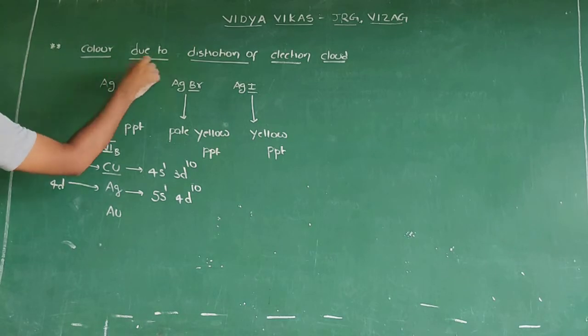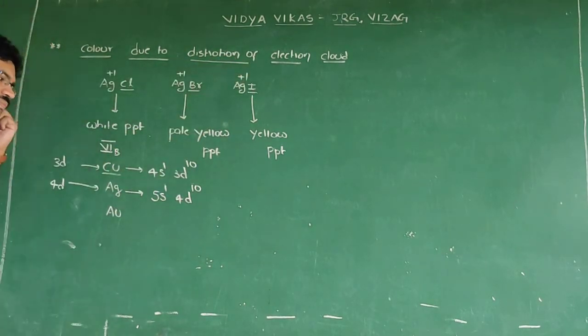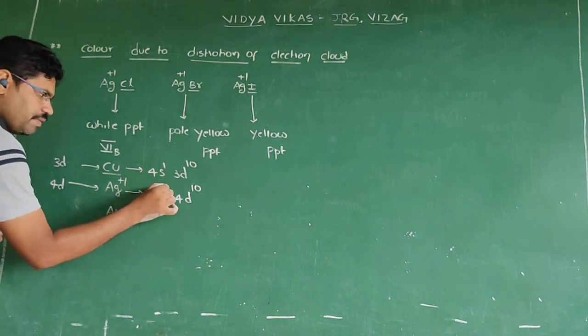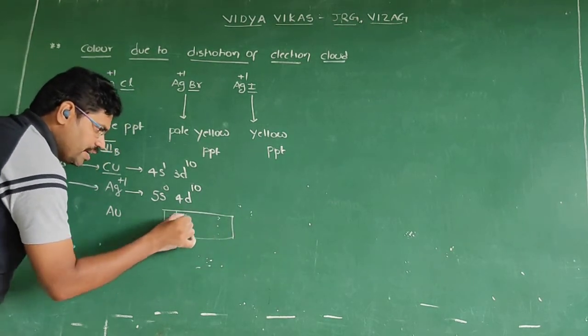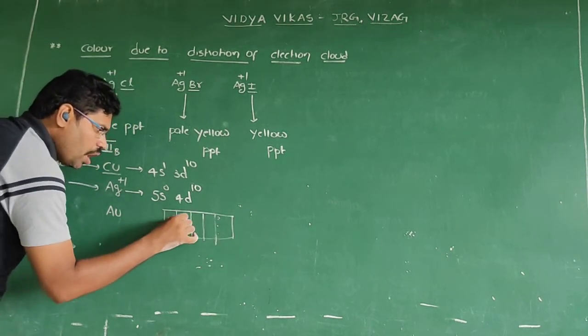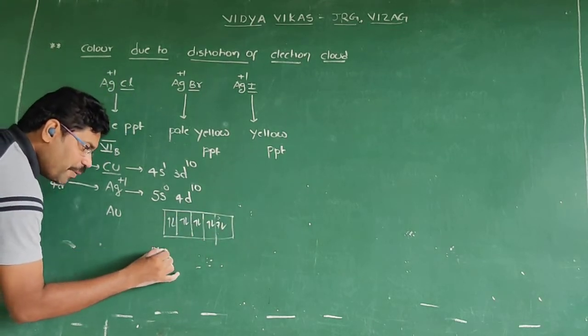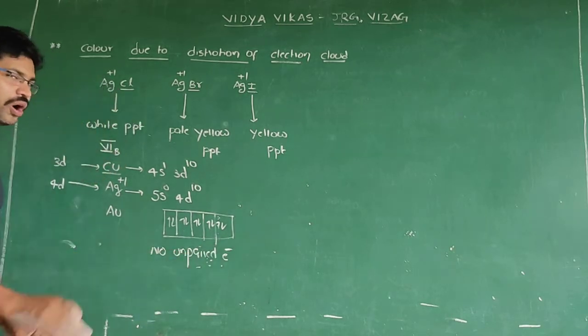So in these compounds, silver exhibits +1 oxidation state. While we're talking about +1 of silver, it becomes 5s0. What about 4d10? Dear students, 4d10 means all are paired electrons. No unpaired electron, underline this, no unpaired electron, no d-d transition.